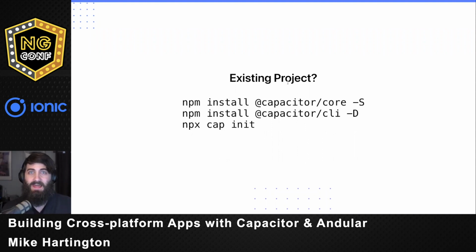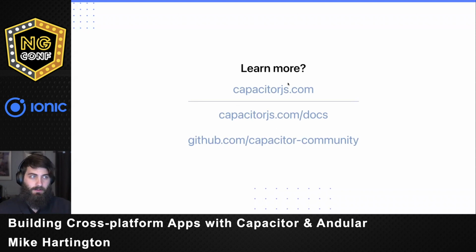And then if we want to add different plugins or platforms, we install them and run the appropriate command for that. If you want to know more about the commands and the different settings that we have available, you can go to capacitorjs.com/docs to learn more about the project itself and the different CLI and APIs that are available.